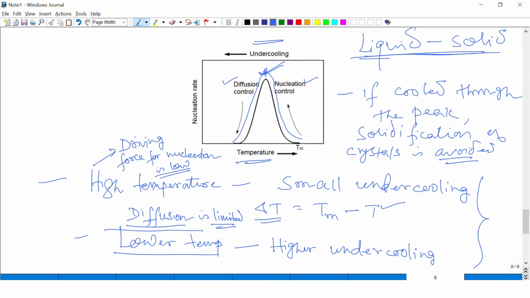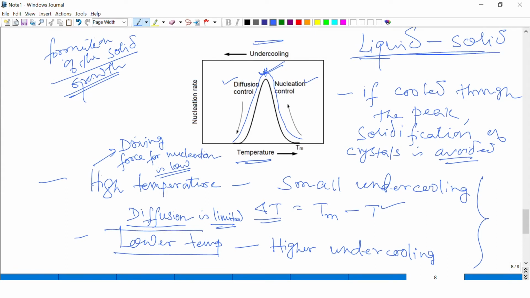And we have understood before that the formation of the solid, or the growth process, the growth of the solid is diffusion controlled, because the atoms have to come from the liquid side to the solid and get attached to it for the solid to grow, right.